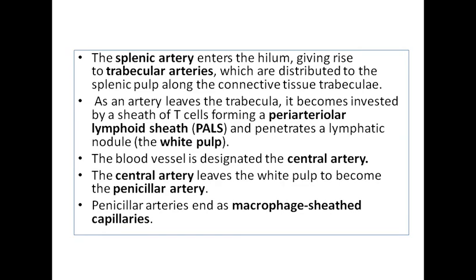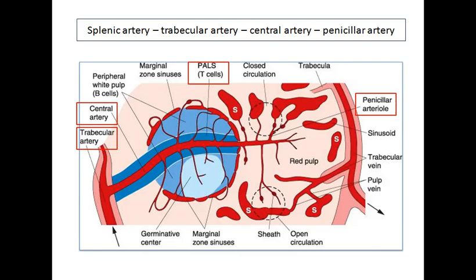Now come back to this point. Now this periarteriolar lymphoid sheathed artery, it will penetrate the lymphatic nodule, और lymphatic nodule कहाँ होगा, white pulp में, ठीक है. अब ये टी सेल से शीथेड जो सेंट्रल आर्टरी है, ये एक लिम्फेटिक नोड्यूल में एंटर हो जाएगी.